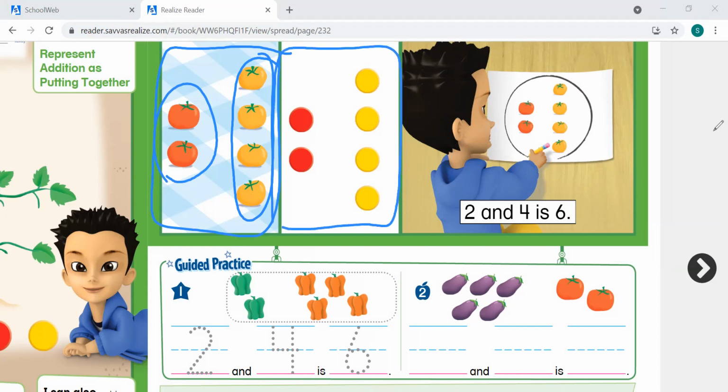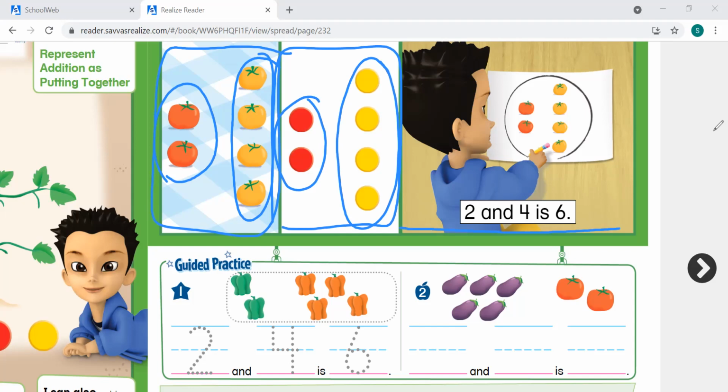So what can you show with the counters? Well, we can show the groups of tomatoes. So how many tomatoes are in this first group? 2. And how many tomatoes are in this second group? 4. So we have our 2 counters for 2 tomatoes, and we have our 4 counters representing the 4 tomatoes.